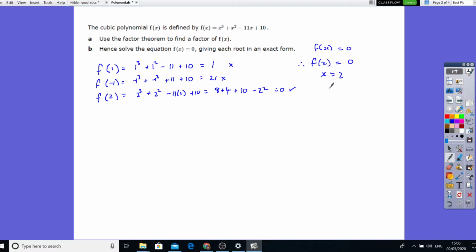And if we bring that to one side, we'll get x minus 2 equals 0. So this, use factor to find a factor, this is a factor of f of x.